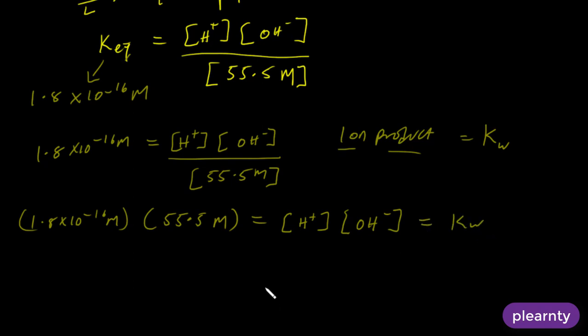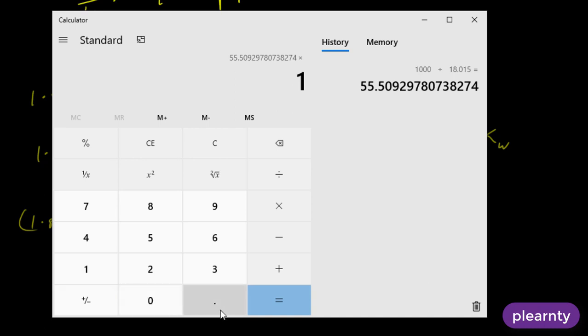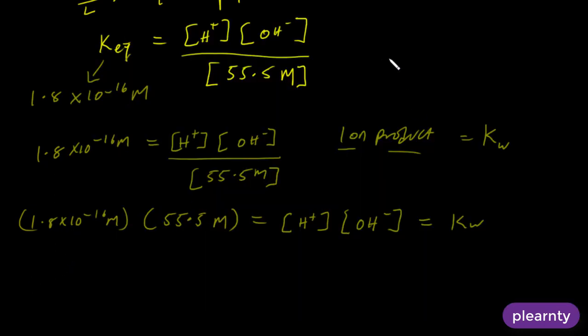So all this is equal to Kw. Now let's multiply this. Let's see what we have. We have our 55.5 times 1.8. This is equals to 99.9, approximately 100. So when we say 100 times 10 raised to power minus 16, since this is minus, for every 10 you multiply this by, this number here reduces. So this is 10 times 10.